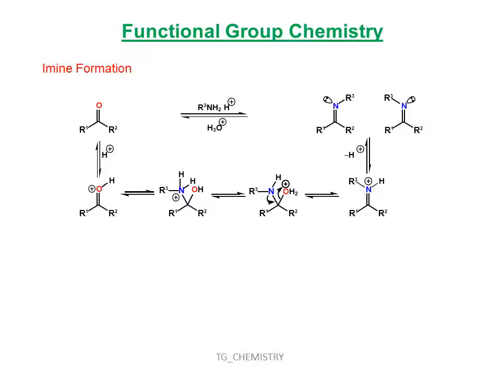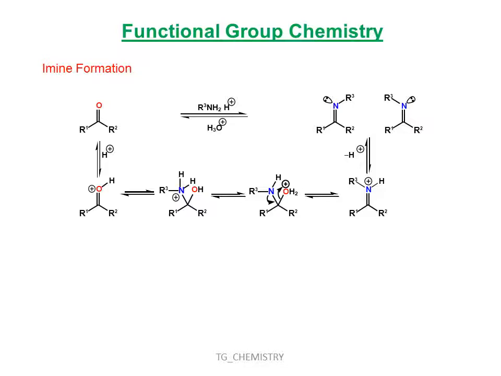Again, if R1 and R2 both are alkyl groups and R3 is a hydrogen atom, it should be known as primary ketimine. And if all of R1, R2 and R3 are alkyl groups, then it will be known as secondary ketimine. Notably, sometimes aziridines are also considered as imine equivalents.